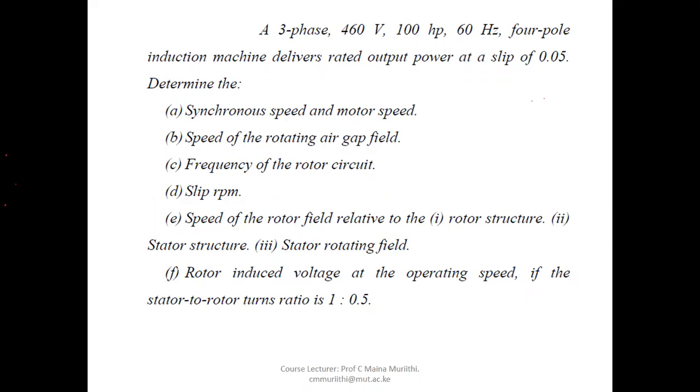We have seen that the synchronous speed and the rotor speed differ by a factor of the slip. The synchronous speed can be calculated as 120F over P, and the motor speed is the synchronous speed minus the slip speed, or you can do NR is equal to NS(1 minus S) in brackets. So I'll also present the solution.